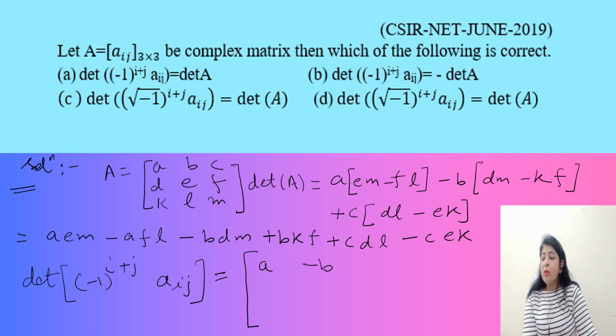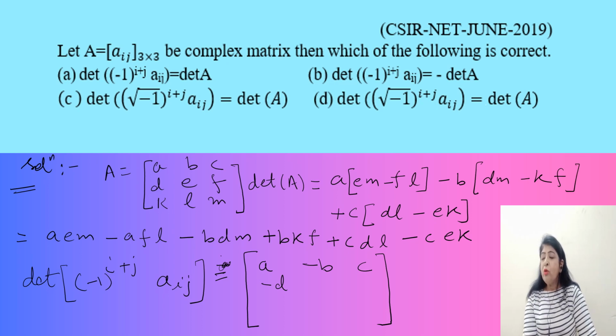Then 1, 3: 4, positive, so c. Then a21 with negative sign, minus d.